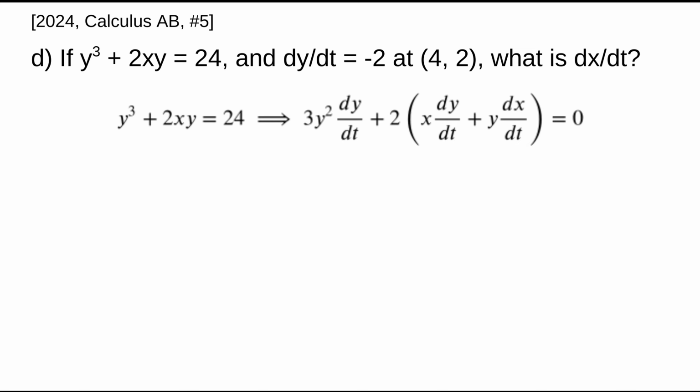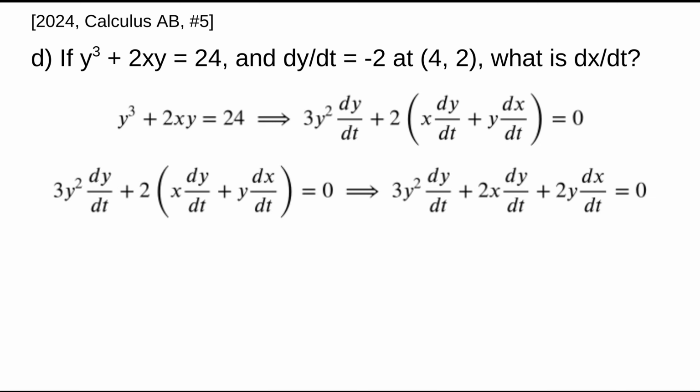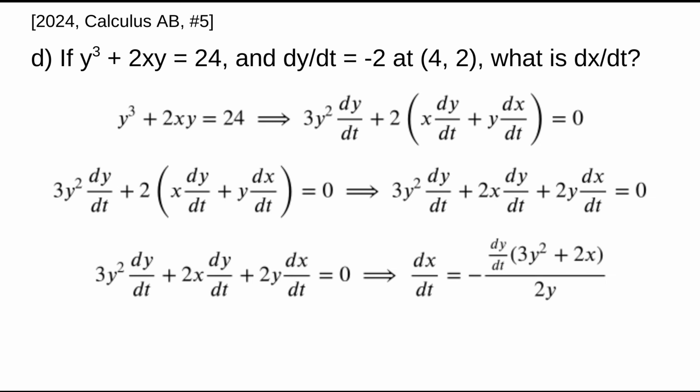All right, well, we're just going to differentiate this implicitly. y cubed plus 2xy equals 24 implies that 3y squared dy/dt plus 2 times the group x dy/dt plus y dx/dt, notice the application of the product rule there, equals 0. And then we can just manipulate this and solve this eventually to get a formula for dx/dt. All right, well, dx/dt should equal the opposite of dy/dt times (3y squared plus 2x) all over 2y.